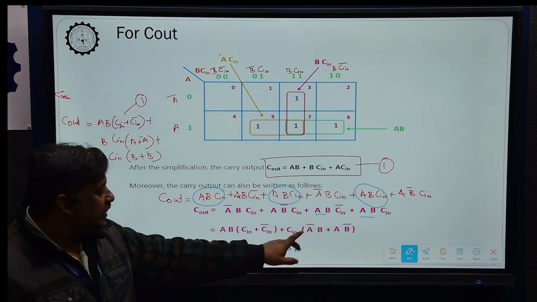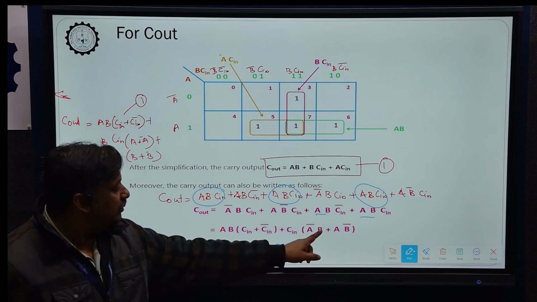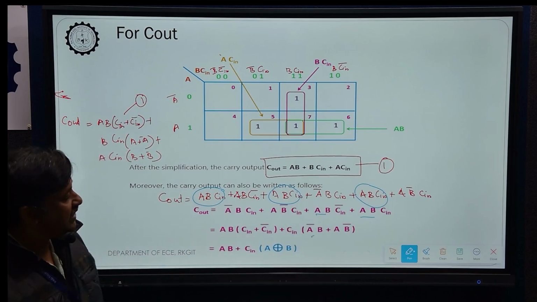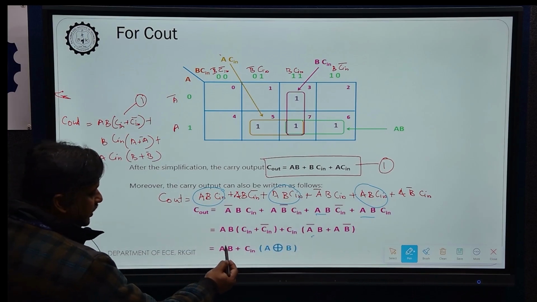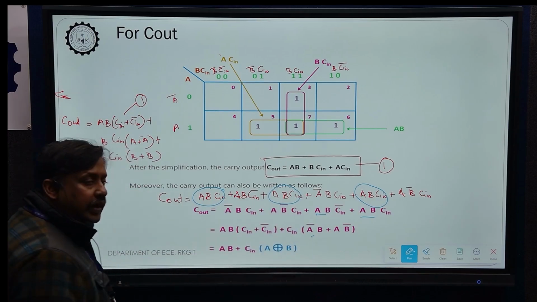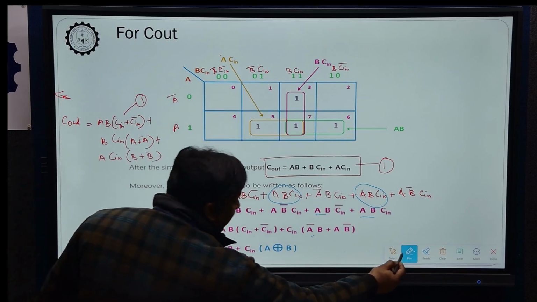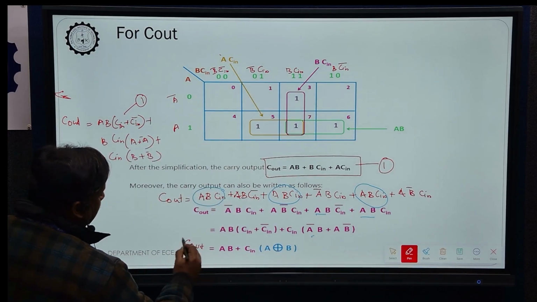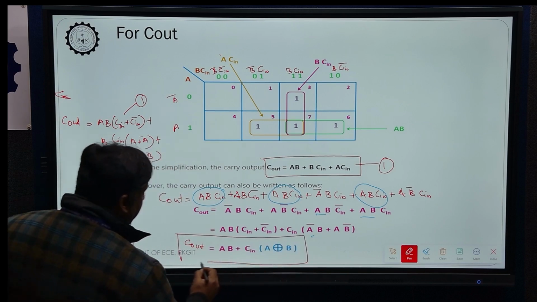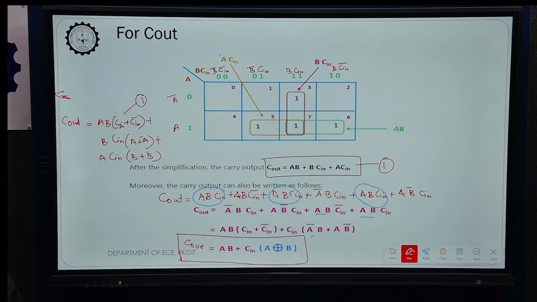Then C in into A bar B plus A B bar, which is nothing but A XOR B. So our final equation for C out becomes AB plus C in into A XOR B.